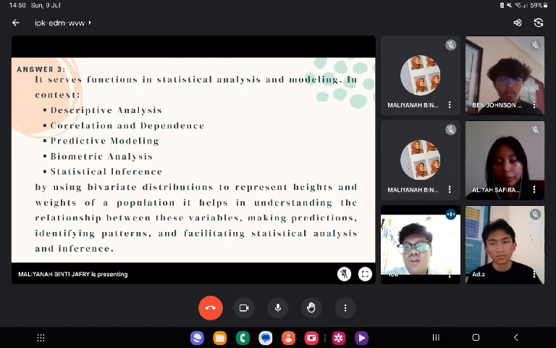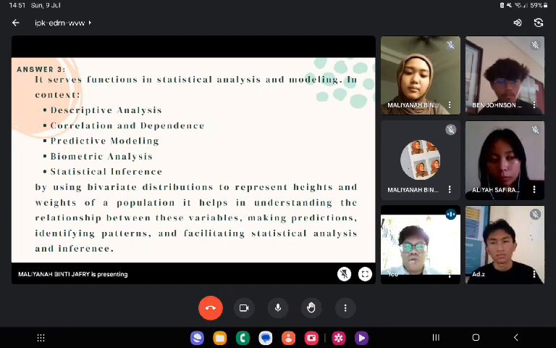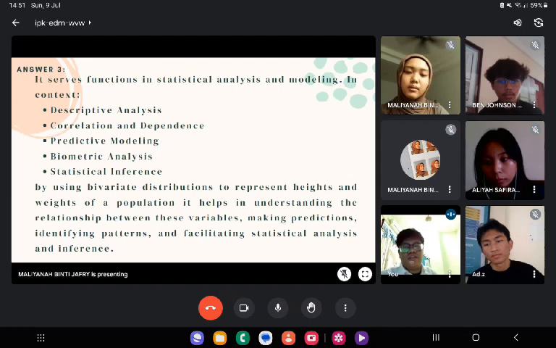So by using the bivariate distribution, we can show the height and weight relationship of the population, and it helps us understand more about the relationship between these two variables, and we can make a prediction. We can show the patterns and facilitate statistical analysis and inference.